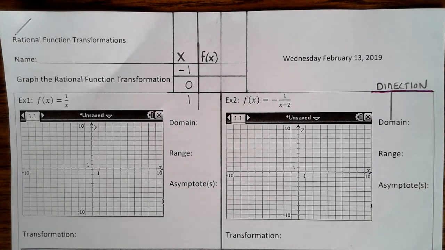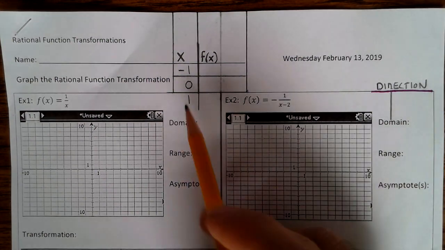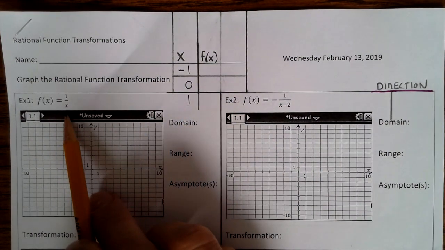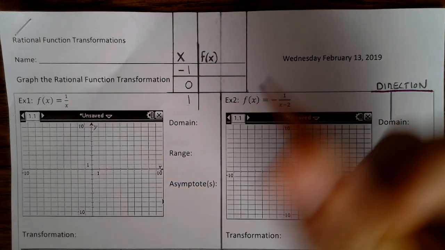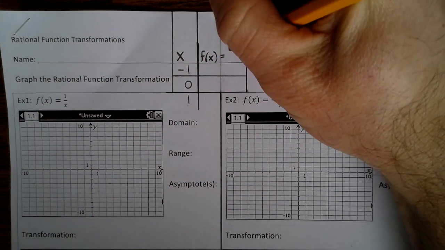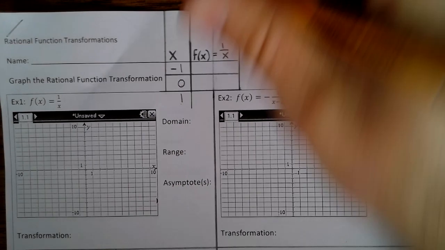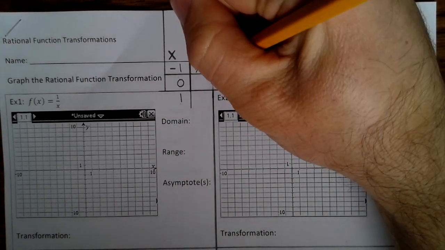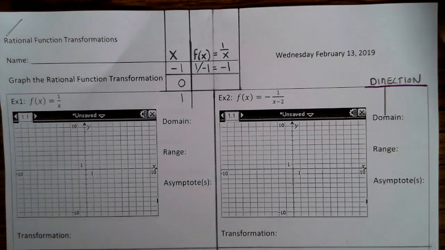Graph rational function transformations. Okay, now when we're graphing rational functions, we're going to put in the x values negative 1, 0, 1 into the function f of x equals 1 divided by x. So let's put in negative 1. That's 1 divided by negative 1 equals negative 1.